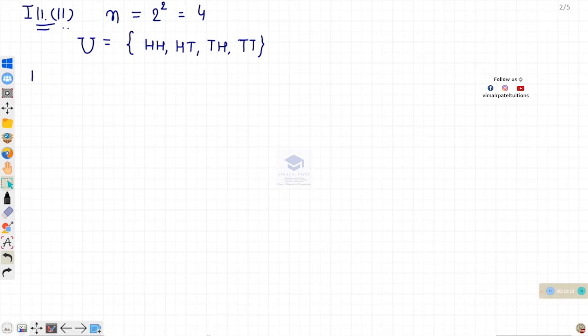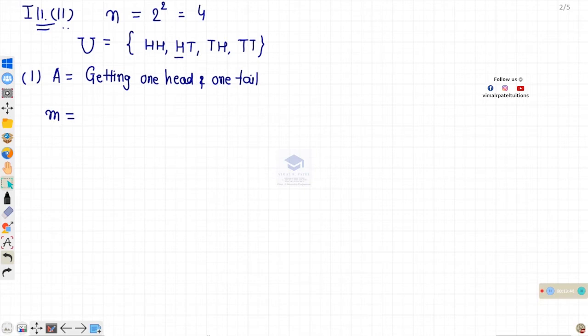First, getting one head and one tail. So we will denote it by event A. Event A is equal to getting one head and one tail. So what are the possible outcomes for it?